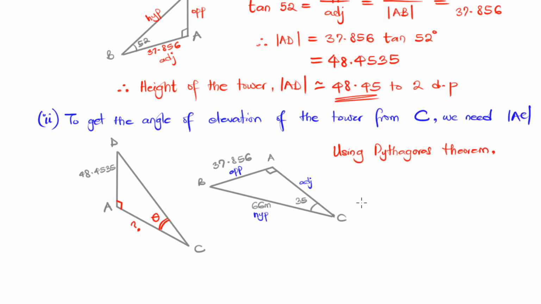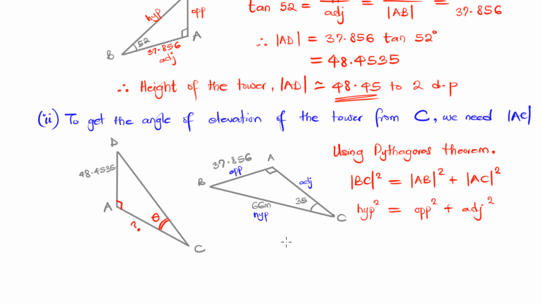Using the Pythagoras theorem, we know that the square of the hypotenuse, here hypotenuse is BC, is equal to the sum of the squares of the opposite and the adjacent, and that is AB and AC. So hypotenuse raised to power 2 is opposite raised to power 2 plus adjacent raised to power 2.